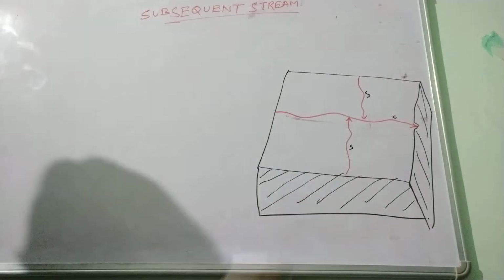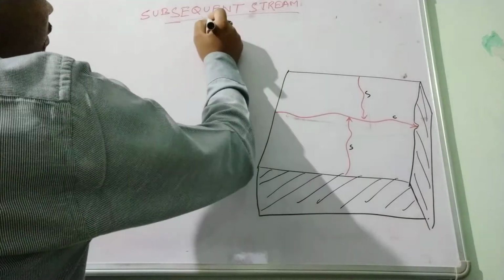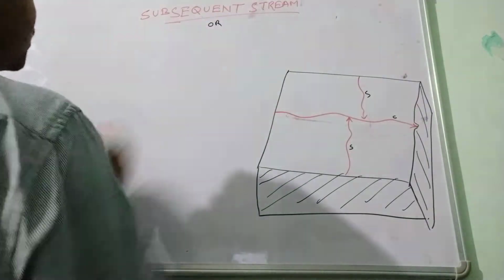This is called the subsequent stream, also known as the strike stream.